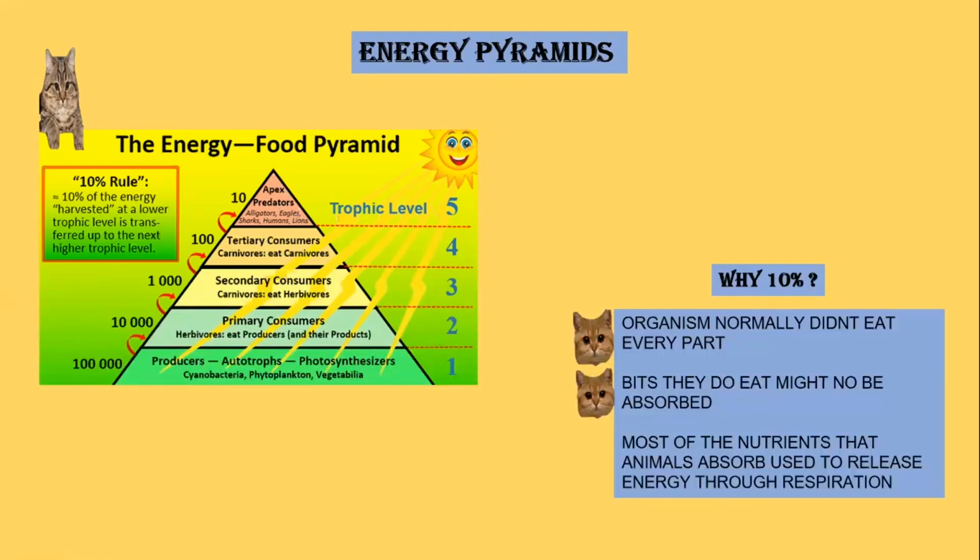For example, the bird eats the snake, but the scales of the snake are not absorbed. They will come out as stool. And the last reason is that most of the nutrients that an animal absorbs are used to release energy through respiration.